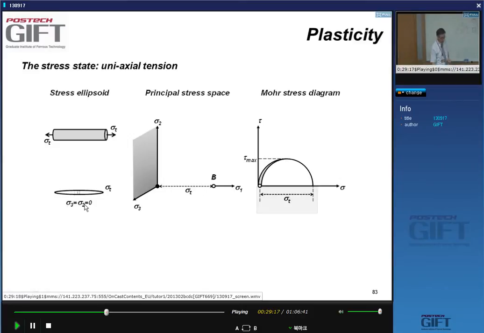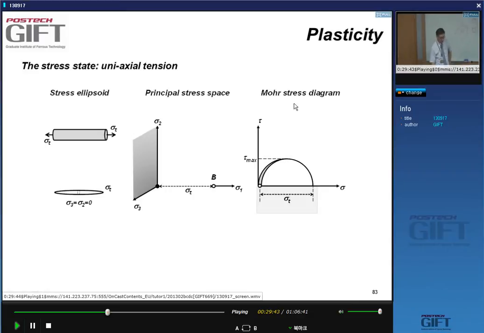So you have a very, very narrow cigar, if you want, with 0 radius, because in principal stress space, sigma 1 is the applied tensile stress, and then I have 0 sigma 2 and 0 sigma 3. So it's a point in principal stress space, of course.